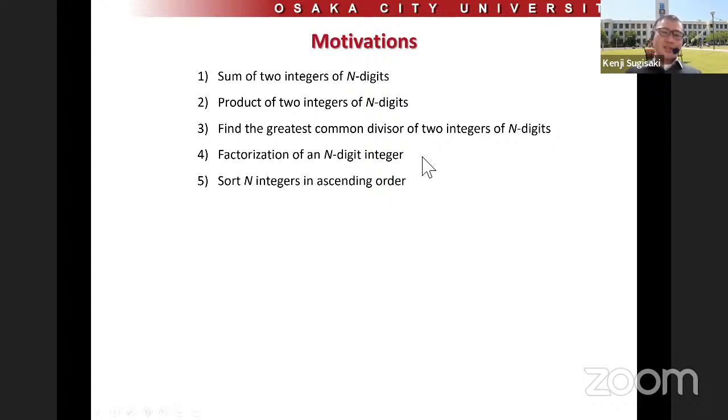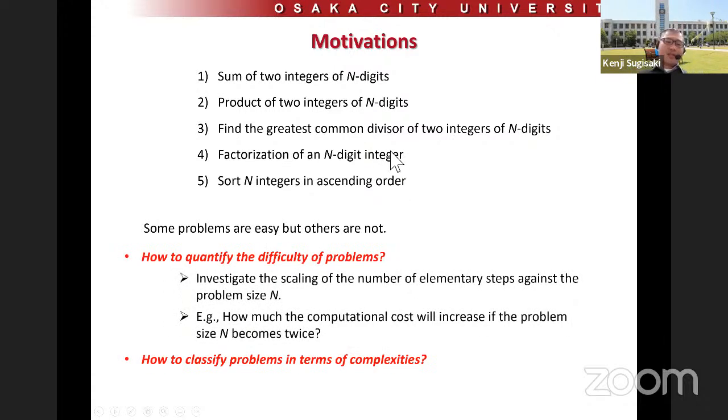Of course, you can easily imagine that some of the problems are easy, but some others are not. Let's say the summation is very easy, but the factorization is very difficult, especially for large n in these integers.